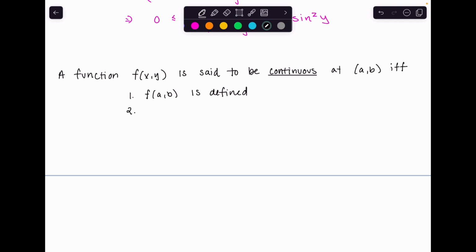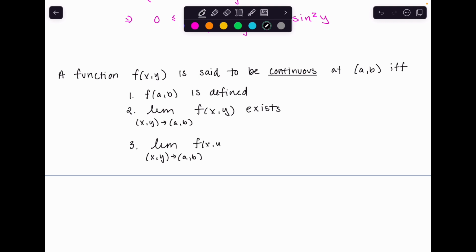Two, the limit as you approach that point exists. And the third really just summarizes these two have to be equal to each other. If you just state the third, it's implying that the other two exist. So the limit is actually equal to the output of the function.